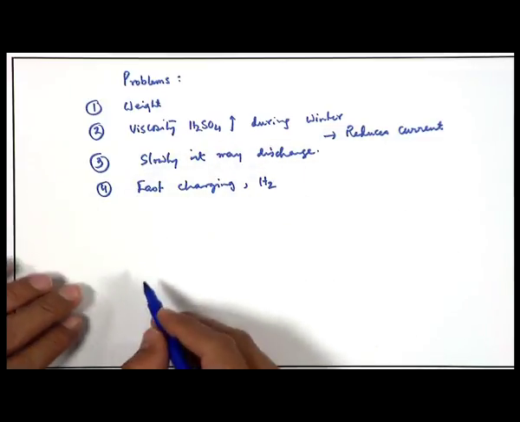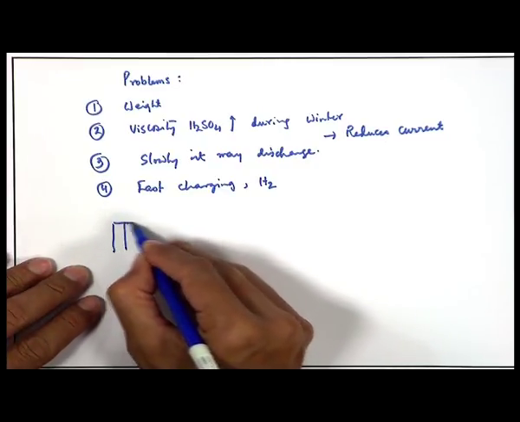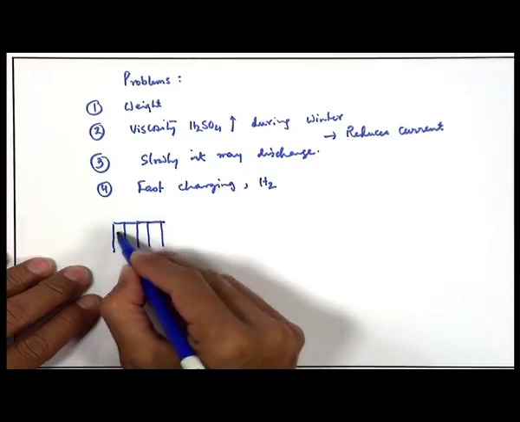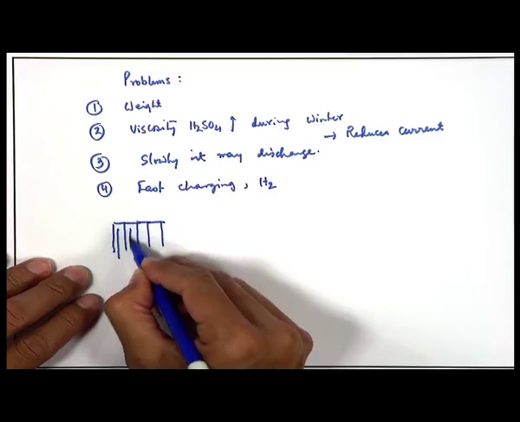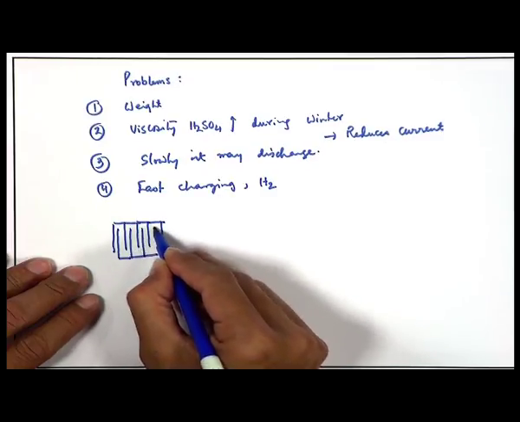So, the typical diagram is like this: a series of electrodes are there, and one is inserted in between the other.